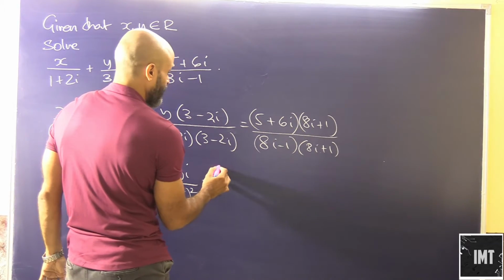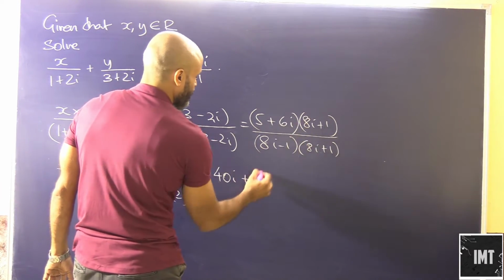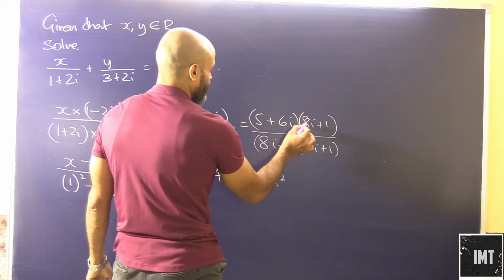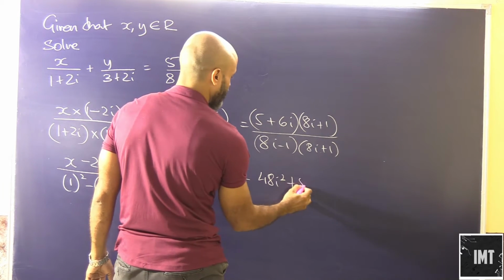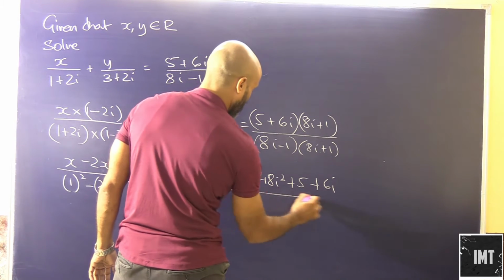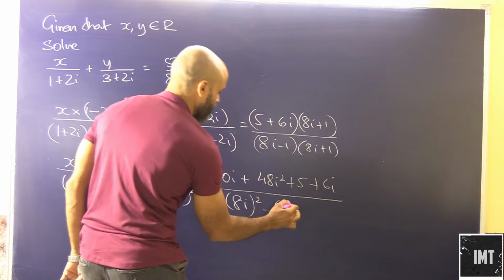This will be 40i plus 48i square plus 5 plus 6i upon 8i square minus 1 square.